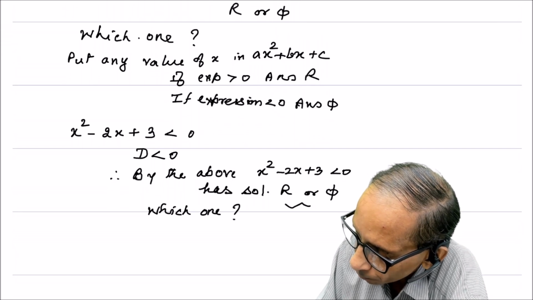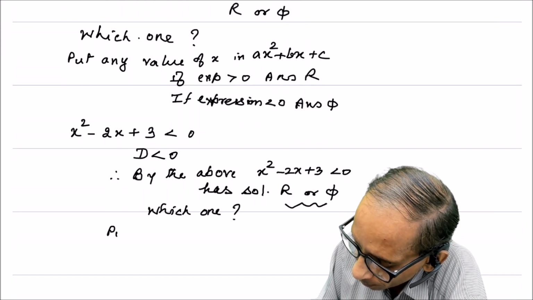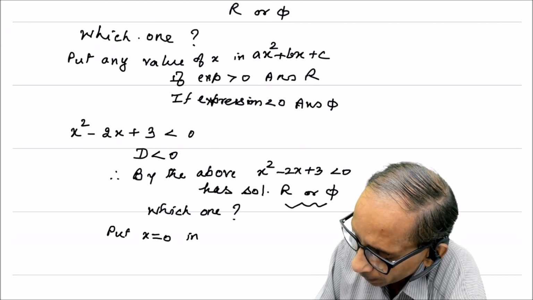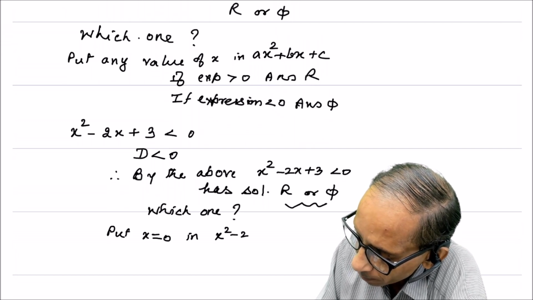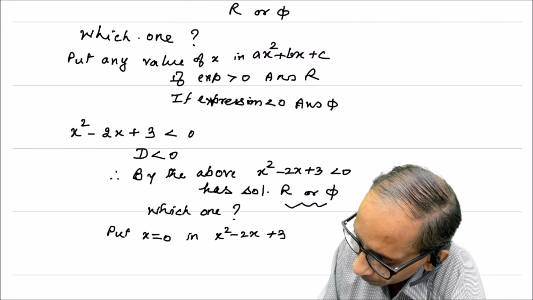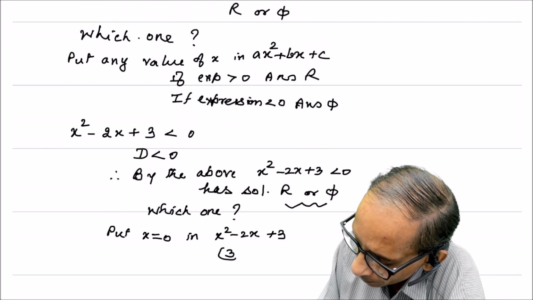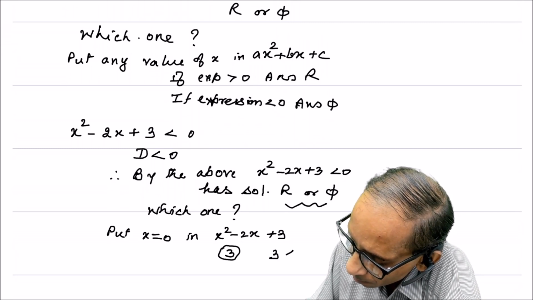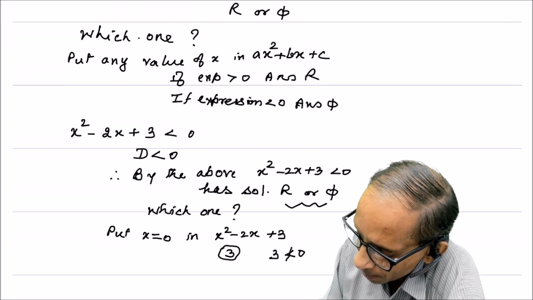Put x equal to 0 in x square minus 2x plus 3. We get the answer as 3, and 3 is not less than 0.